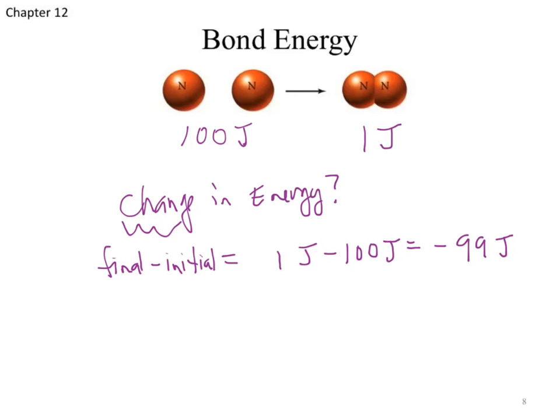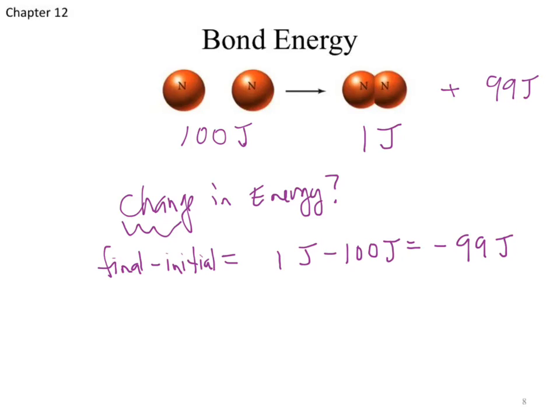Where do we put the energy into our reaction? Was it a reactant, or was it a product? It's a product. It was energy lost in the process of doing that reaction. So we would put plus 99 joules. What happened to the minus?